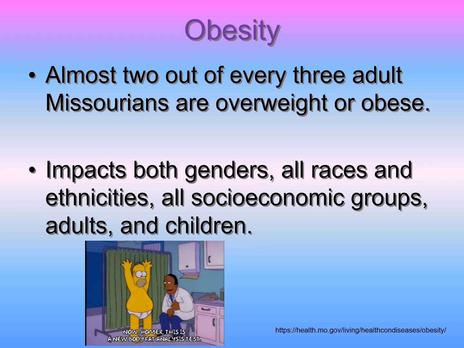So again, this is why it's important to study this, because if you stay in Missouri or pretty much almost any state in the United States, there tend to be overweight and obese people. Obesity impacts both genders and races, all ethnicities, all socioeconomic groups, adults and children.